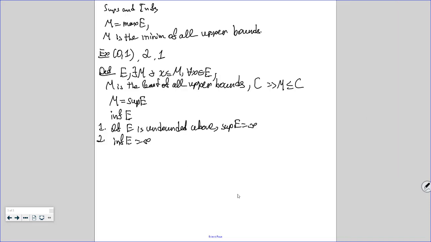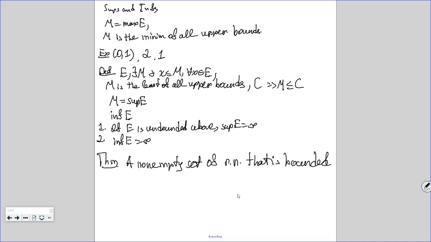The axiom of completeness says a non-empty set of real numbers that is bounded above has a least upper bound. At this stage, I'm not going to prove it.